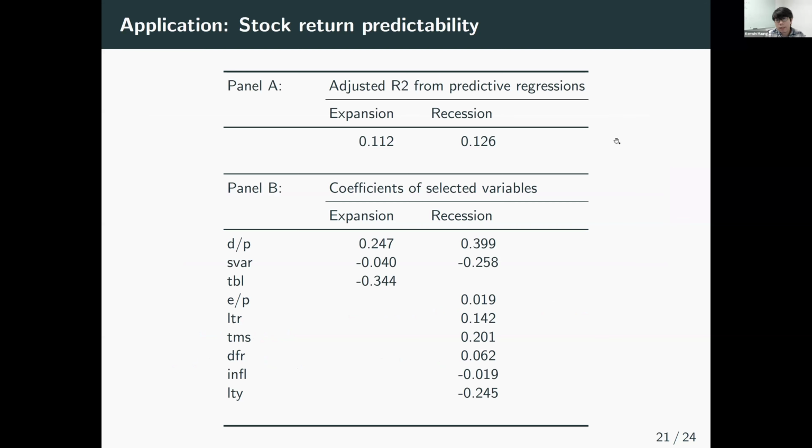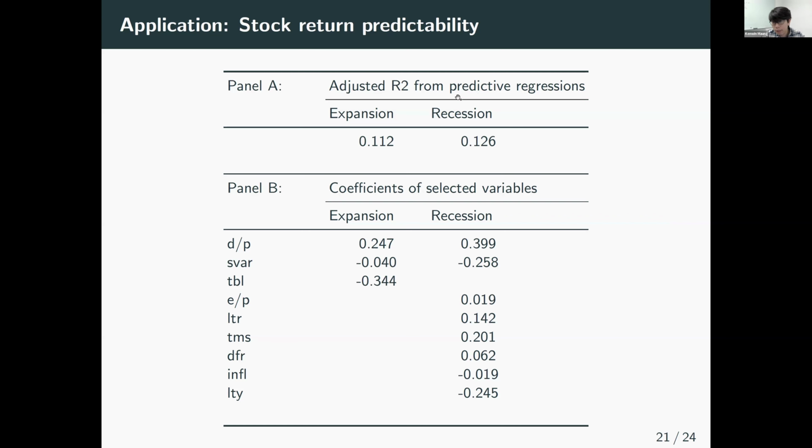But what is different from what they found earlier is this. As I mentioned earlier, the first line of that VAR is of particular interest. We want to see how good the fit is for that particular equation. And it turns out that the R squared for the recession is higher than the R squared for expansion. So the original paper argued that this is some evidence that we have greater predictability during recession.